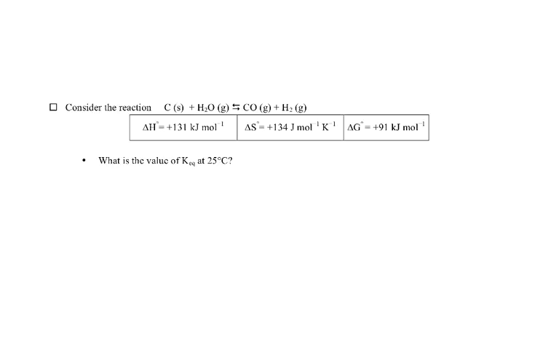Okay, then we're going to say, well, the KEQ, in other words, the equilibrium constant, is going to be e to the negative. Okay, so the delta G is positive 79.9 kilojoules per mole, divided by the R times the T. R is 8.314 joules per mole Kelvin, times T, which is 298 Kelvin.